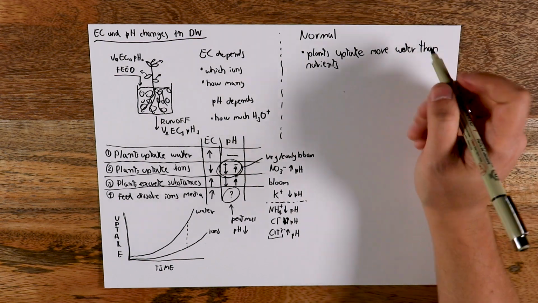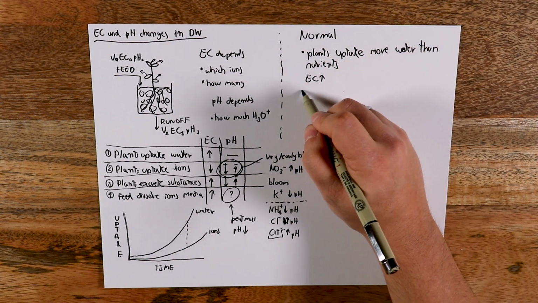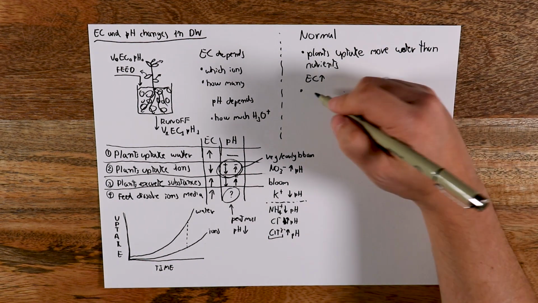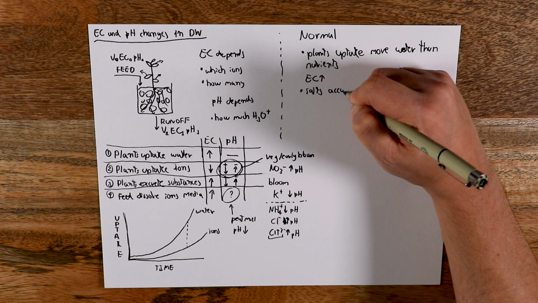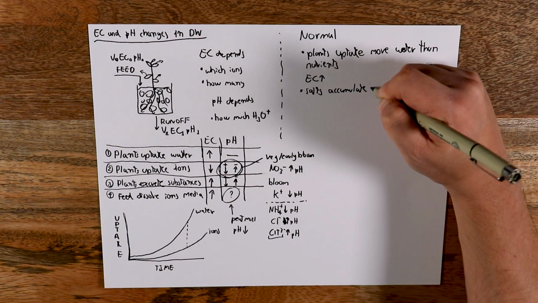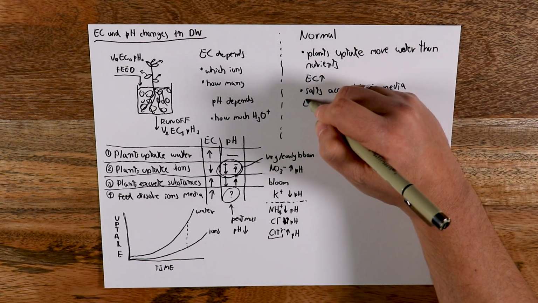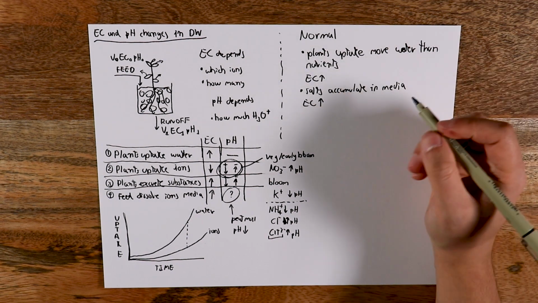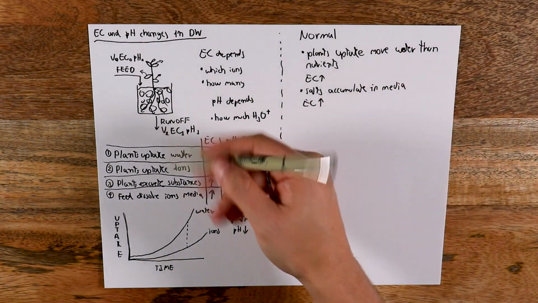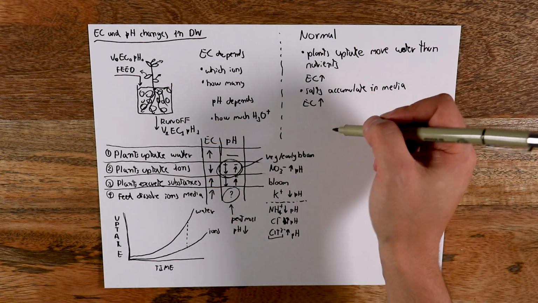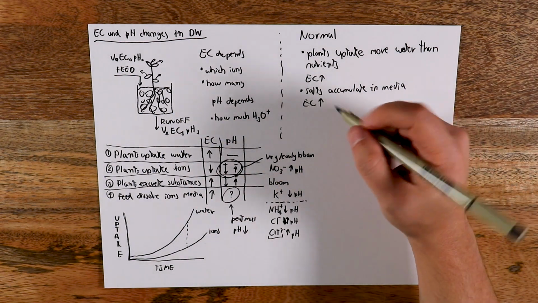Since plants uptake more water than nutrients, the EC will tend to go up, and this is just normal. And then salts accumulate in the media, and this means that the EC will also tend to go up. So these two things are the basic reason why the EC of the runoff and the media will tend to go up as a function of time.